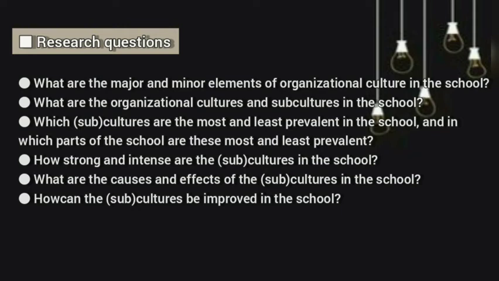The third, which subcultures are the most and least prevalent in the school, and in which parts of the school are these most and least prevalent? And the fourth, how strong and intense are subcultures in the school? The fifth, what are the causes and effects of the subcultures in the school? And the last is, how can the subcultures be improved in the school?